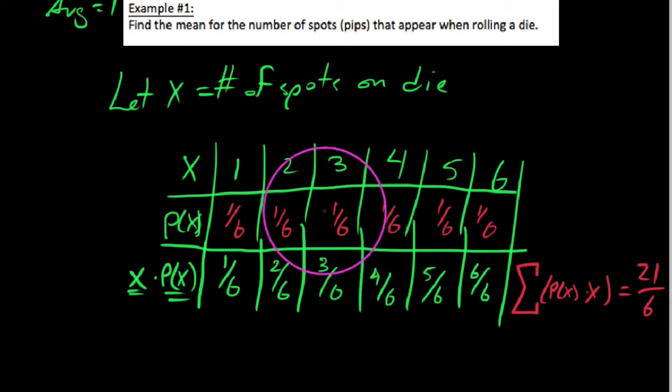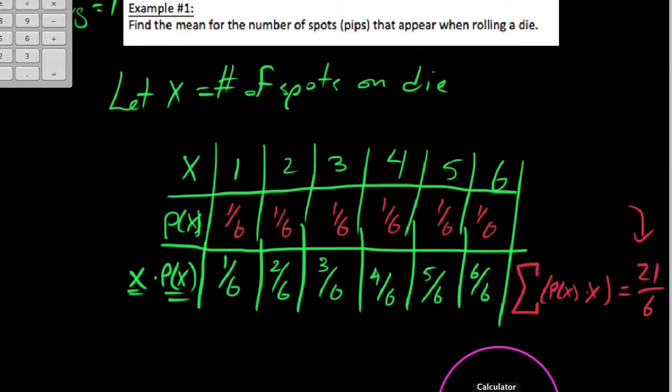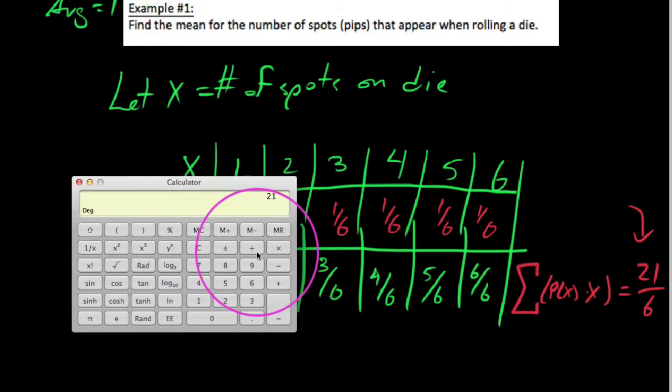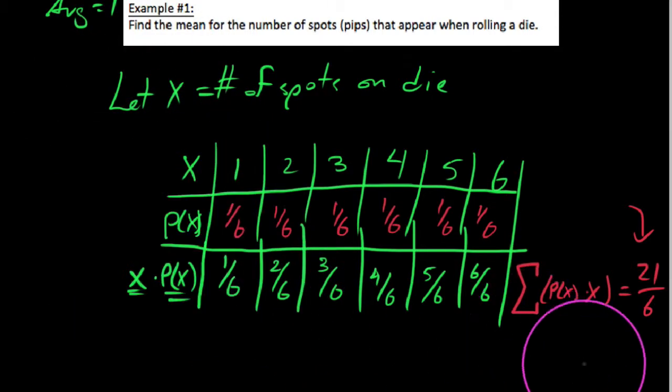If everything is equally likely, and we rolled this die for eternity, kept track of all those outcomes, and averaged them out, we would get 21/6. If we reduce that, we get 7 halves, which is 3.5. We take 21 and divide by 6, and we get 3.5 pips.